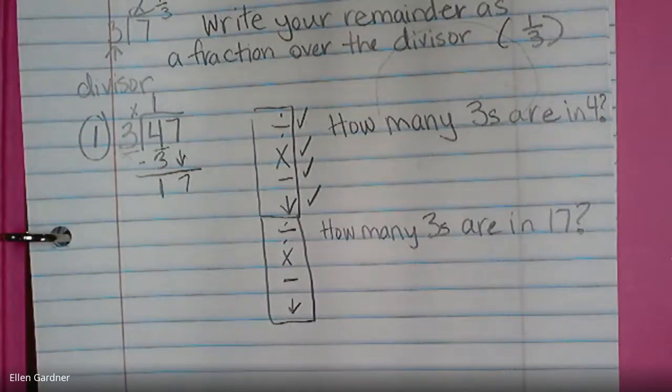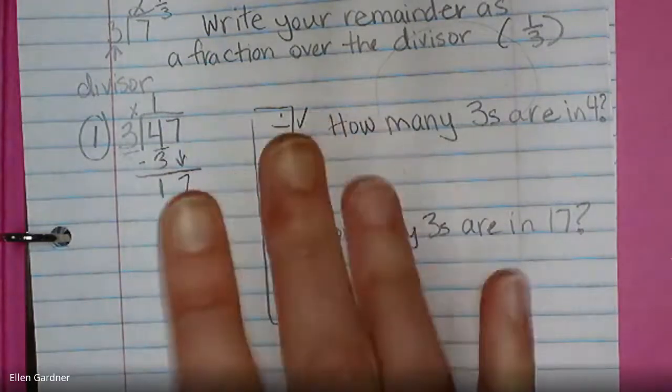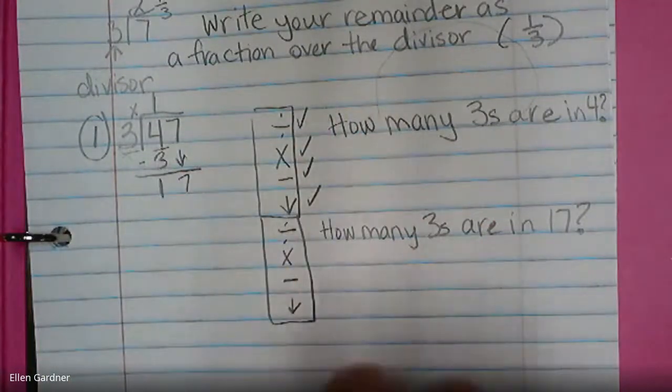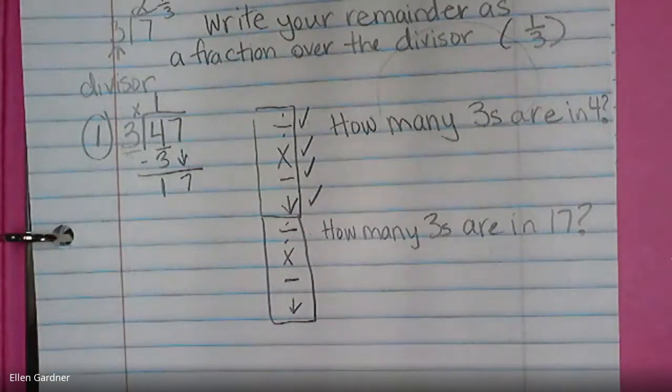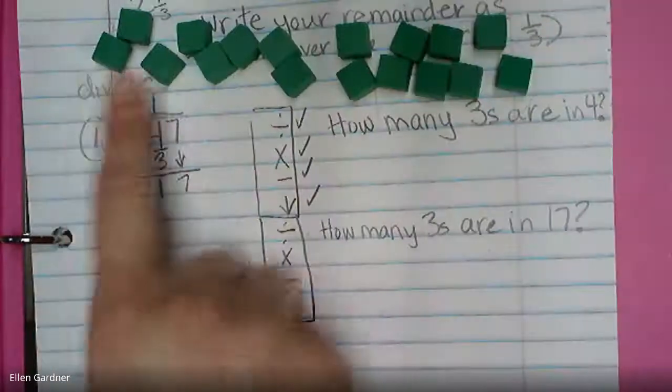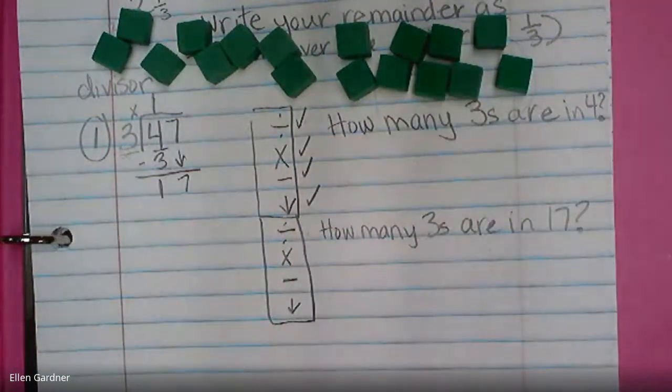And if you don't know your 3 facts very well, you can skip count by 3s until you get close to 17 without going over. Marcus, do you know how many 3s are in 17? We're trying to figure out how many groups of 3 are in the number. 5.